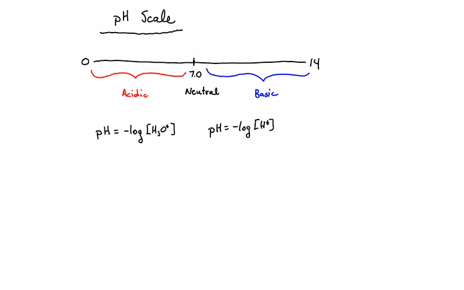So let's say that we have a solution that is 0.0010 molar in HCl, remembering that HCl is a strong acid and is going to dissociate completely. That means that our concentration of hydronium is going to be the same.